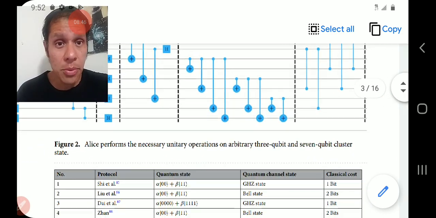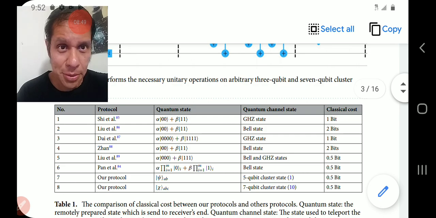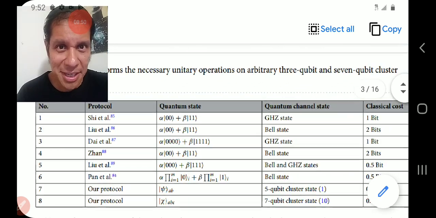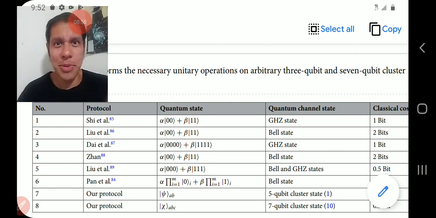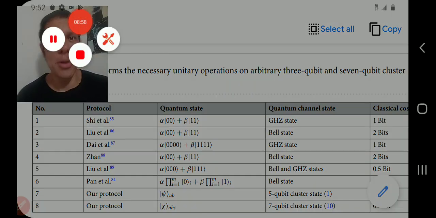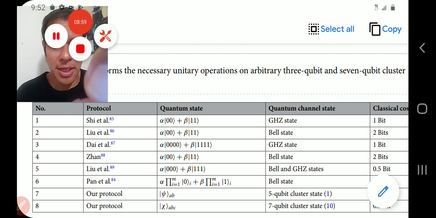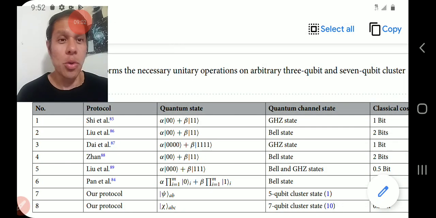Now, one reason I like this paper is that it gives you a nice summary of what's going on in teleportation. You have to keep these in mind if you ever want to come up with your own teleportation scheme, so that you don't reinvent the wheel.